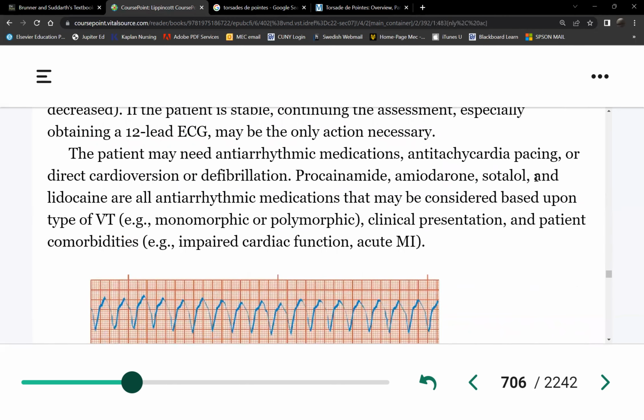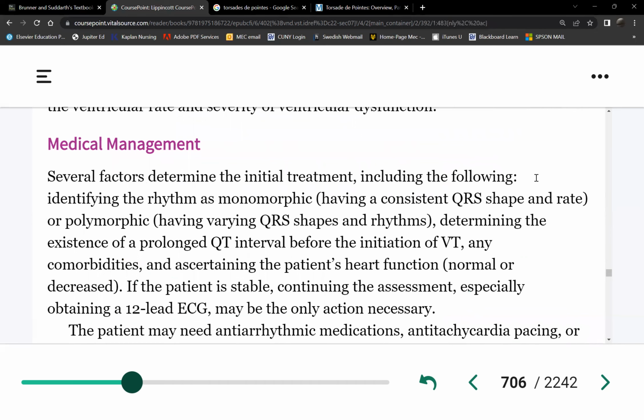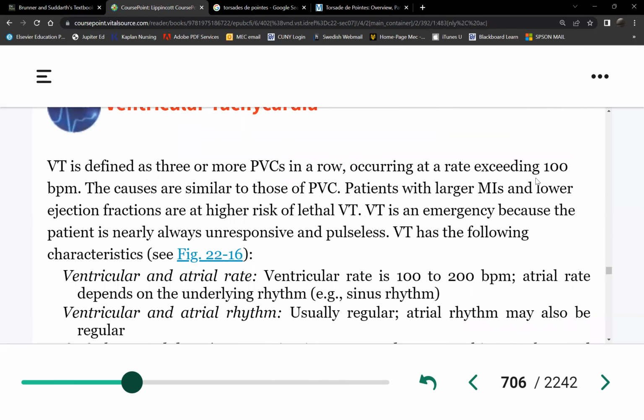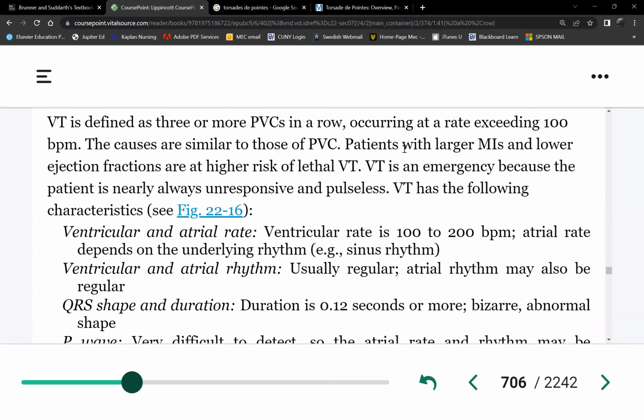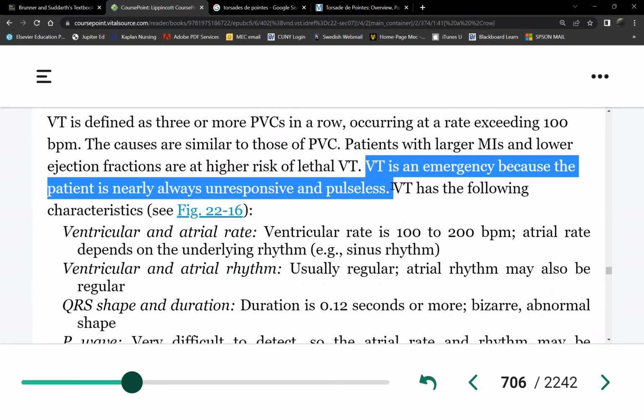Are we together on this? Okay, so let's go back again. PVC, VTAC, this is a problem, right? What's your first action? Assess the patient. Check for a pulse first. If the patient is unresponsive and pulseless, what's your next action? CPR.